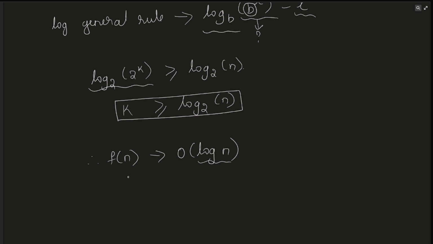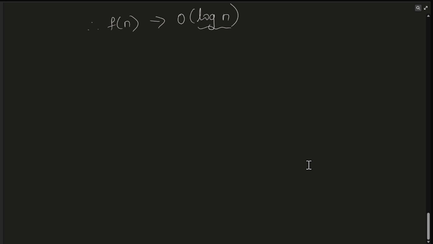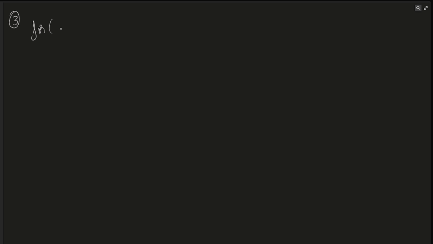Let us consider one more example which gives the same log n time complexity. The third example for this video is a for loop where I starts from n, goes till 1, and gets decremented by 2, running some statements, and then we end the for loop.